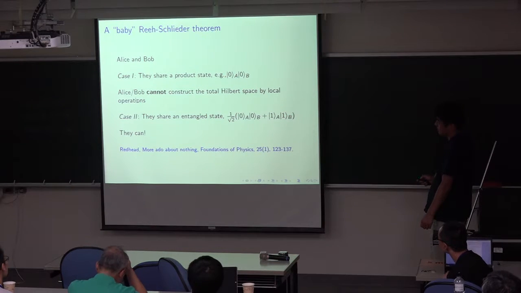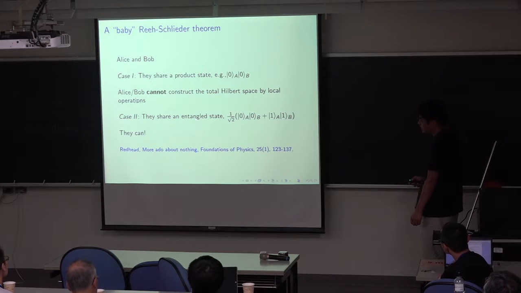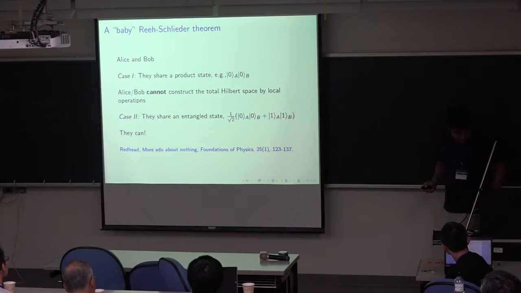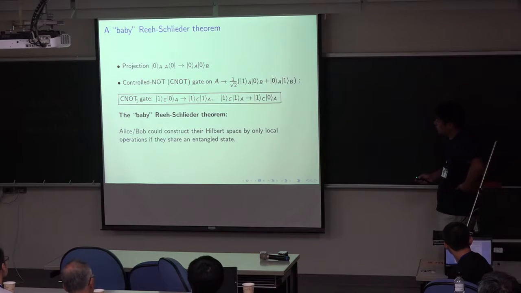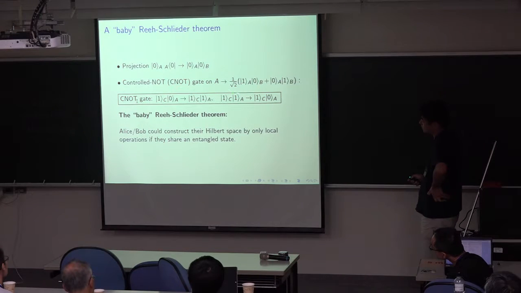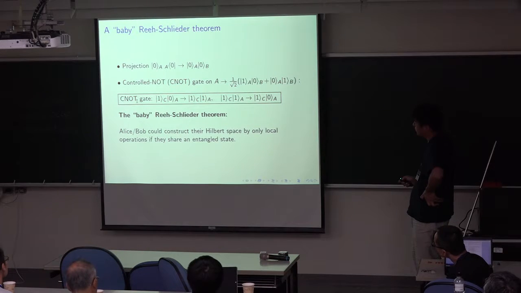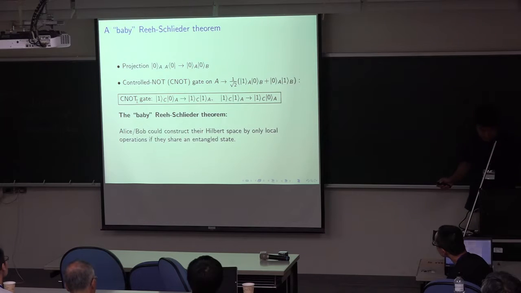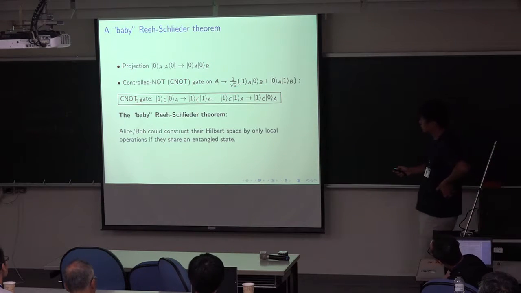You can see you can only get something one-dimensional by local operations of Alice. But in the case that they share an entangled state, actually we can do this. For example, if Alice makes a projection, then she gets some state of this kind. And Alice can also, for example, use a controlled-NOT gate on this state, and you can change this state to this kind of state.